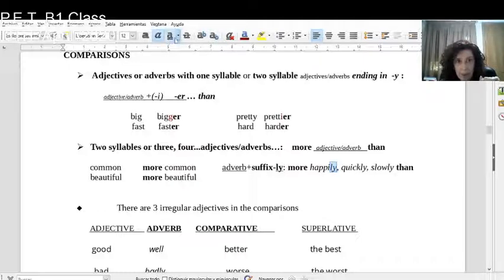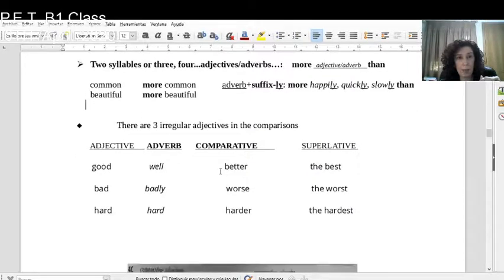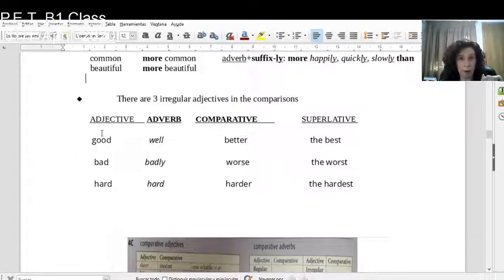This is part of the suffix to make an adverb from the adjective. This is what changes in the word. Clear? Then this, with the suffix -ly to make the adverb, more.